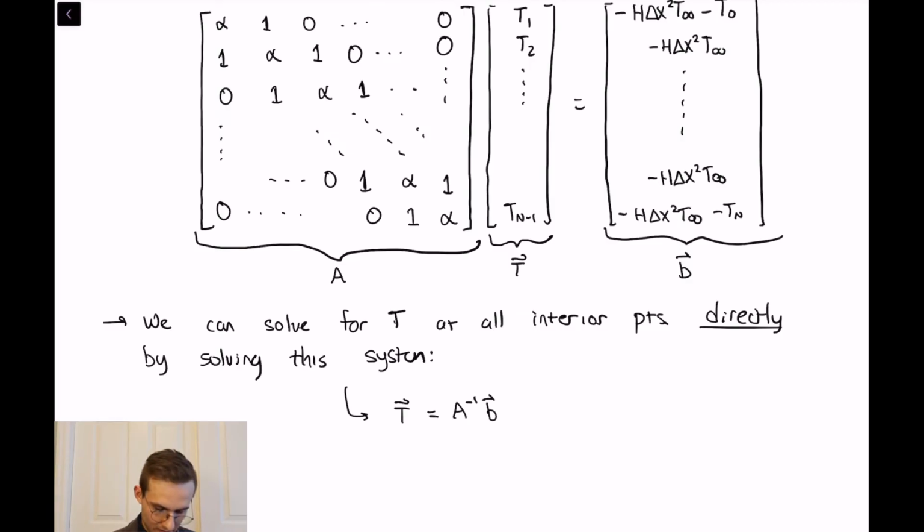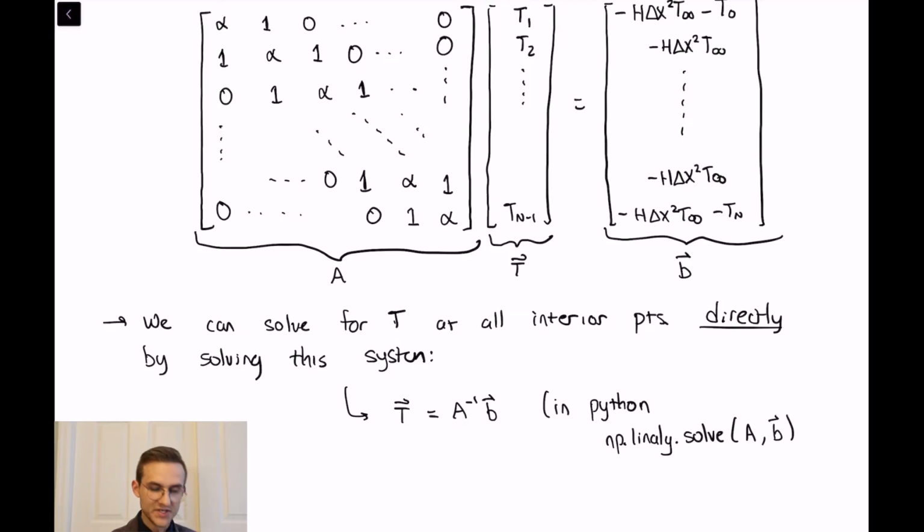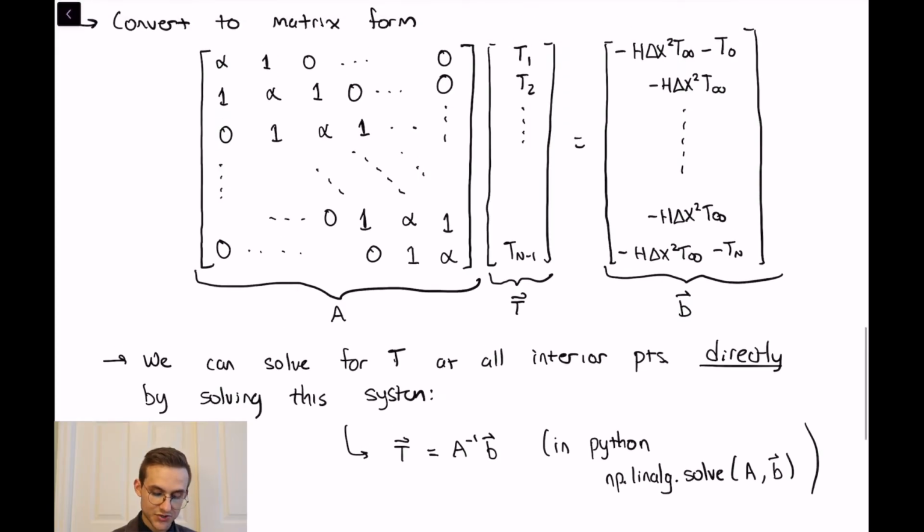Okay? And then just a bit of a reminder, in Python, you're going to do this by calling the function np.linalg.solve, where the two arguments will be A and B. Like I said before, we don't want to be computing inverses of matrices. This function is more stable, and it takes advantage of advantageous structures in the matrix.